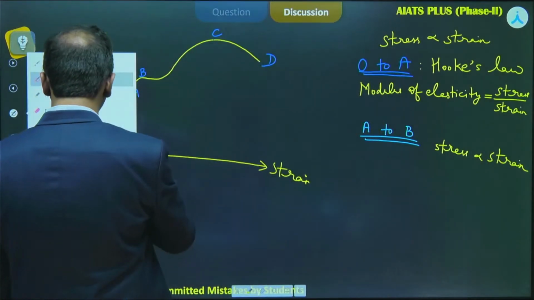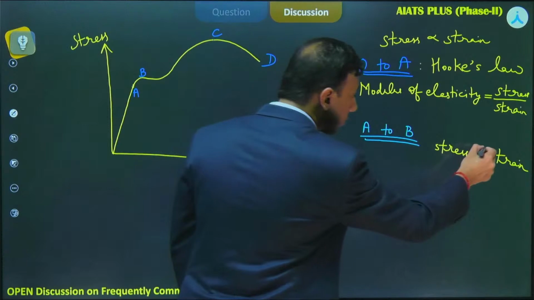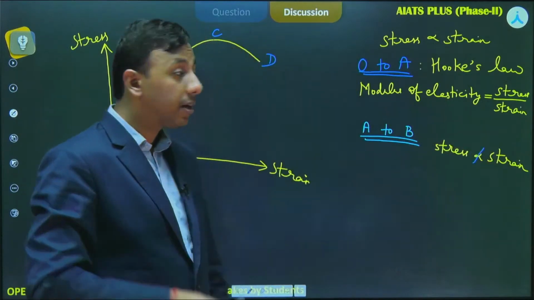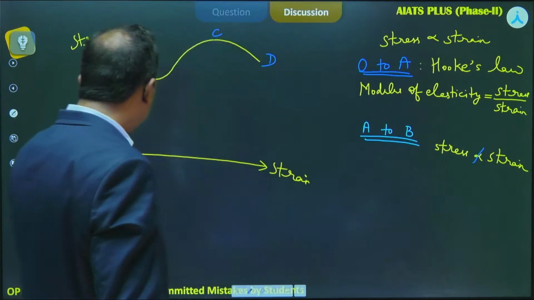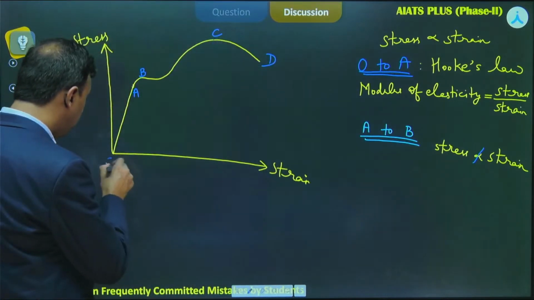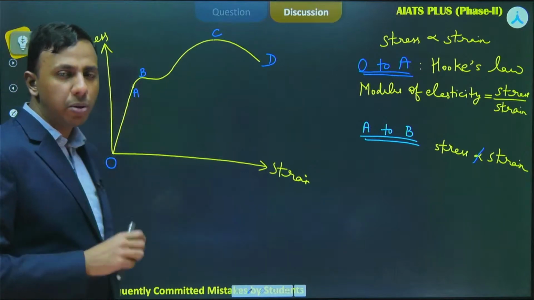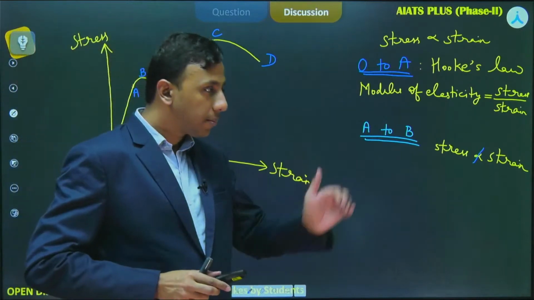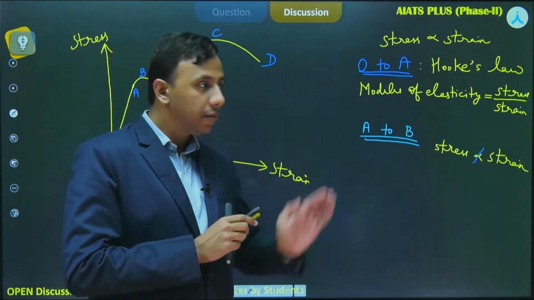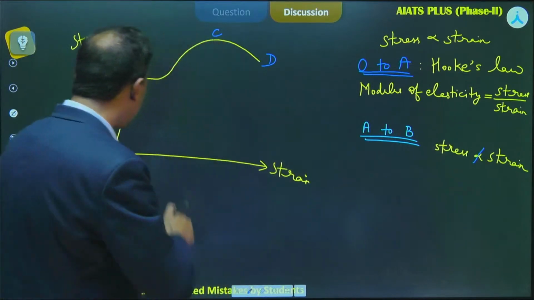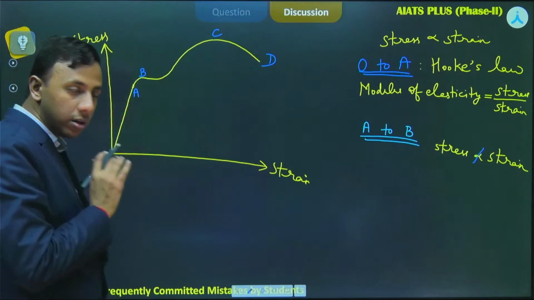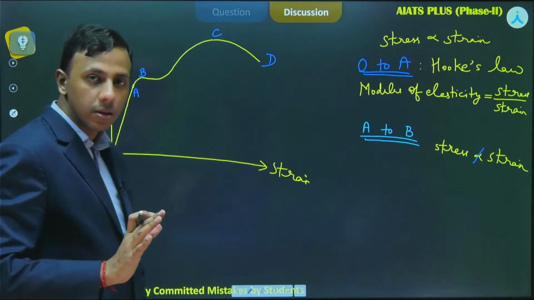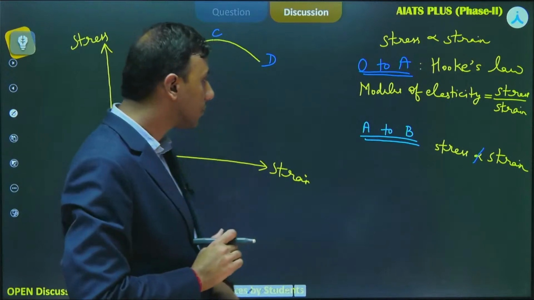We cannot write proportional over here, but remember, elasticity is observed until B. From O to B, if you remove stress at any point, that metal will go back to its original dimension. If you remove stress over here, it will come back to 0, meaning strain is 0, so no elongation is there.